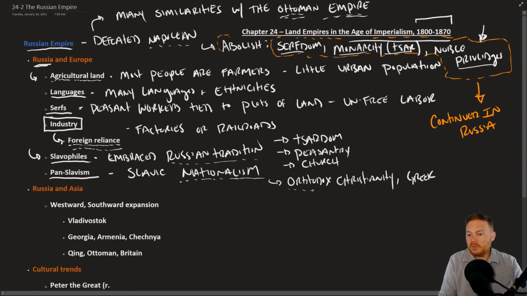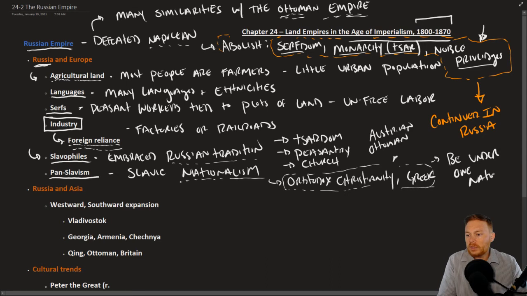So there are a lot of Orthodox Christians and people who use Greek who lived in the Austrian Empire, who are mostly German-speaking, Latin-using, and could be Catholic, and the Ottoman Empire. And the idea behind Pan-Slavism was that all people of this Slavic nationality should be under one nation. And of course, that one nation should be Russia.